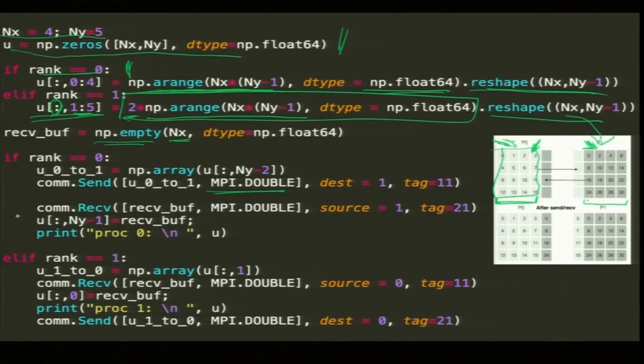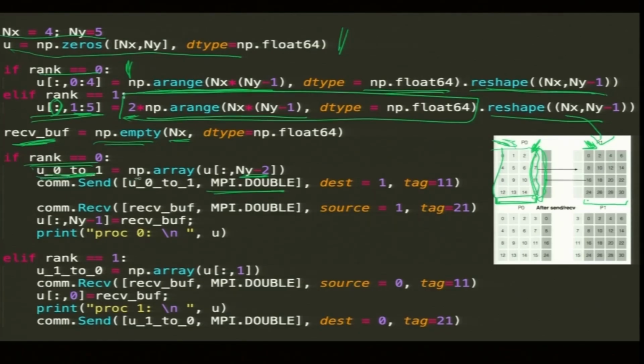Now, I start sending the data after creating this receive buffer. So, if rank equals 0, then I create a 1D array which is a column. Which column? ny minus 2, which is 5 minus 2, which is 3. So, this column is what I pick, and I create an object called u0 to 1, which is an array.